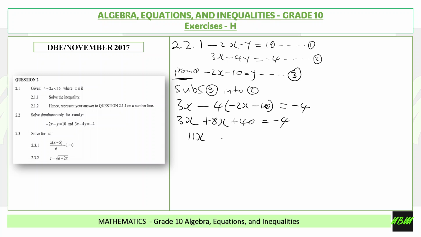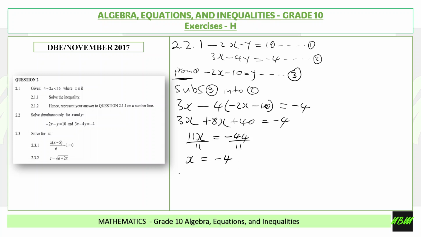And then transpose 40: 11x equals -4 minus 40, which is -44. Then divide both sides by 11. Then we get x being equals to -4.